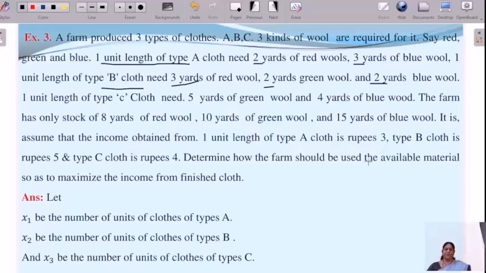Means the profit per unit is rupees 3 for cloth A, rupees 5 for cloth B and rupees 4 for cloth C. We have to determine how the farm should use the available material so as to maximize his income from finished cloth.